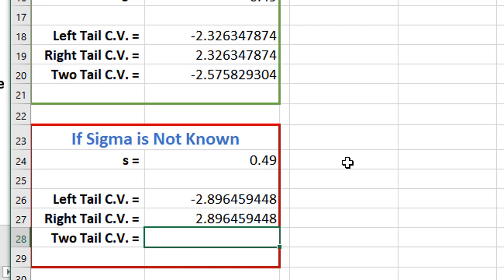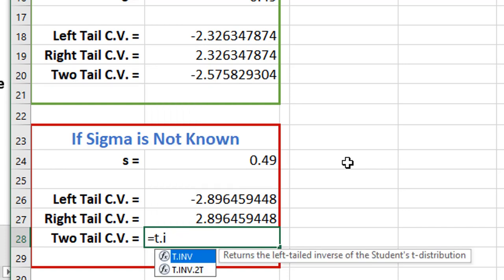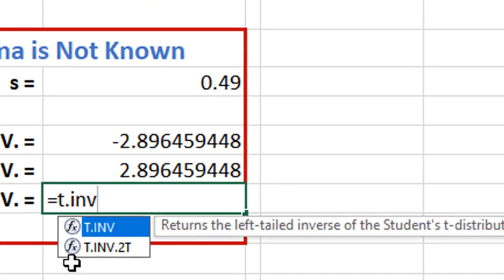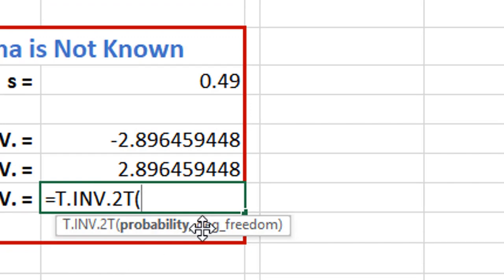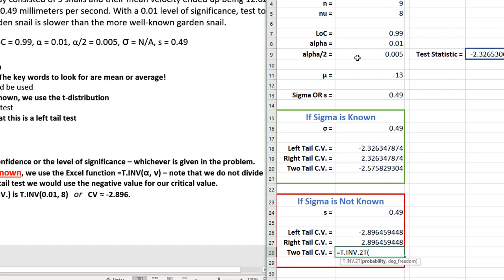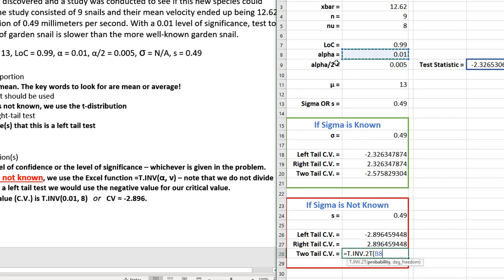So I'm going to type in equals T.INV, and if you look all the way down here, it's .2T. Again, it's simply alpha, comma, nu, and alpha is right here. Remember, we're not going to use alpha over 2 with the t distribution. We use the better function that automatically divides alpha into two tails, comma, nu, close parenthesis, press enter, and it gives me my two-tail critical value.